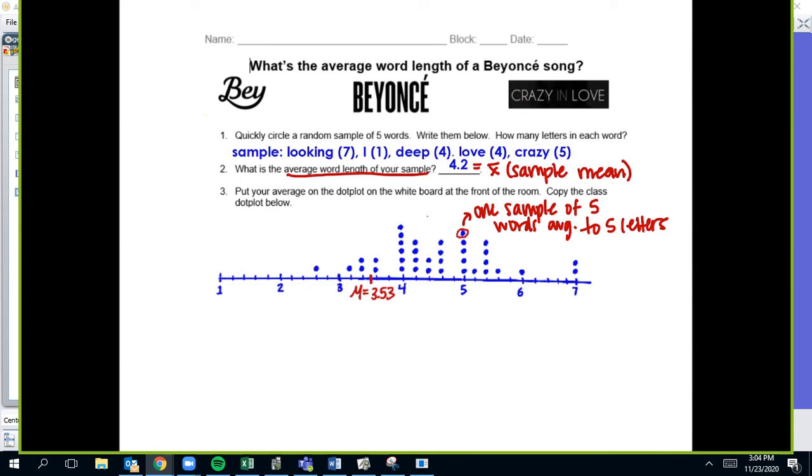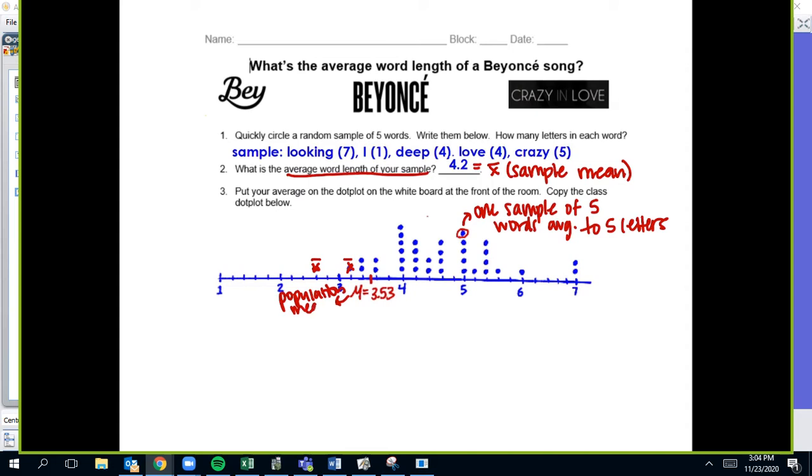Actually, there were 5 samples that did that, but that circled value is one of the samples. And so each of these little dots is an x-bar. So I can label them like that. You don't have to fill out your whole circle like that, but they're sample means. And then this mu is our population mean.